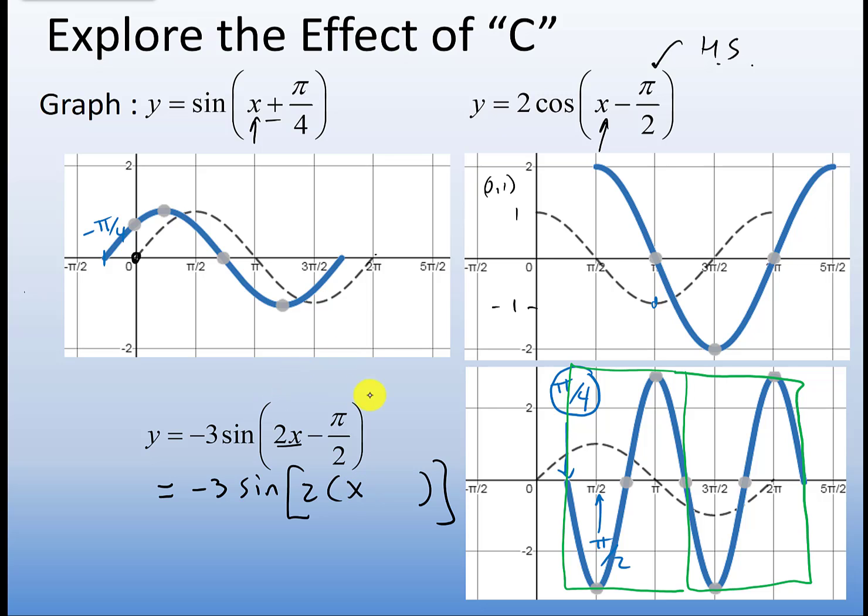Now I have to factor out 2 from negative pi halves. Well, it'll still be negative, but factoring out 2 is like pi halves divided by 2, which is pi halves times the reciprocal, which is pi fourths.